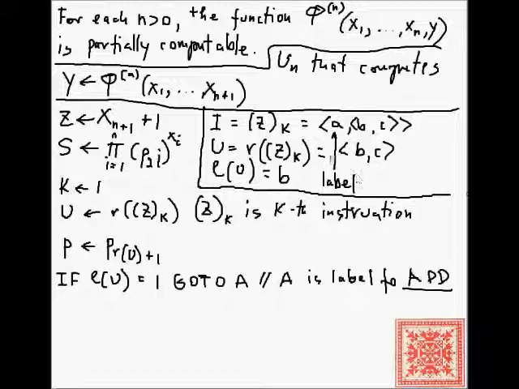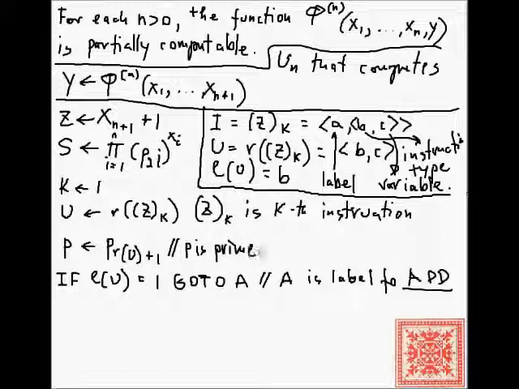So this is just to make sure that this information is available. This is the label. This is the instruction type. So addition, no-op, multiplication, minus, and conditional dispatch.